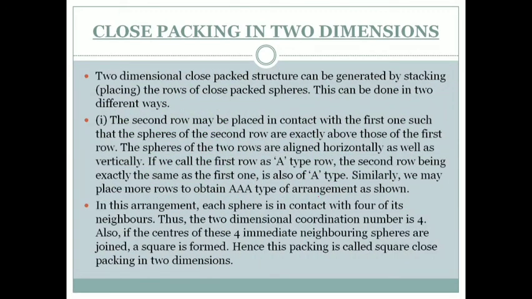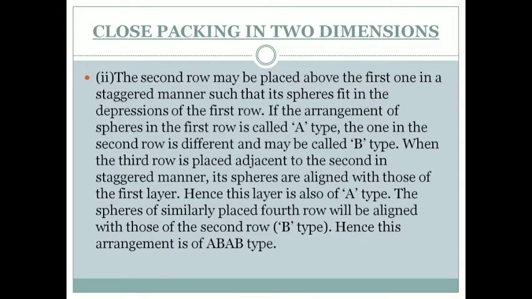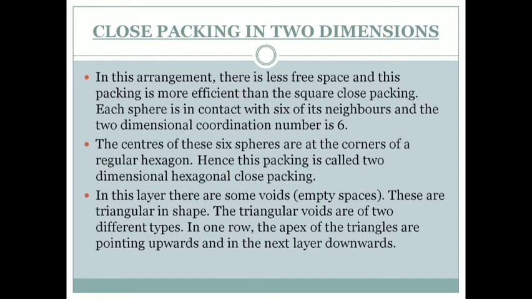So, this one is already explained. Then, in the second type of arrangement, that means in HCP, there is less free space. So, this is more efficient than square close packing.